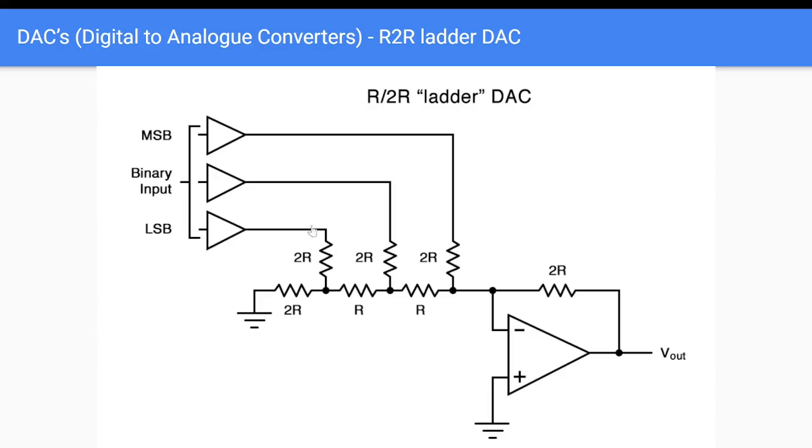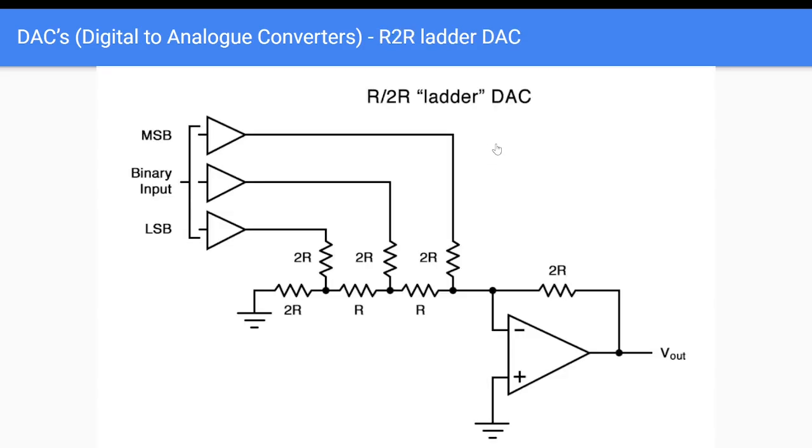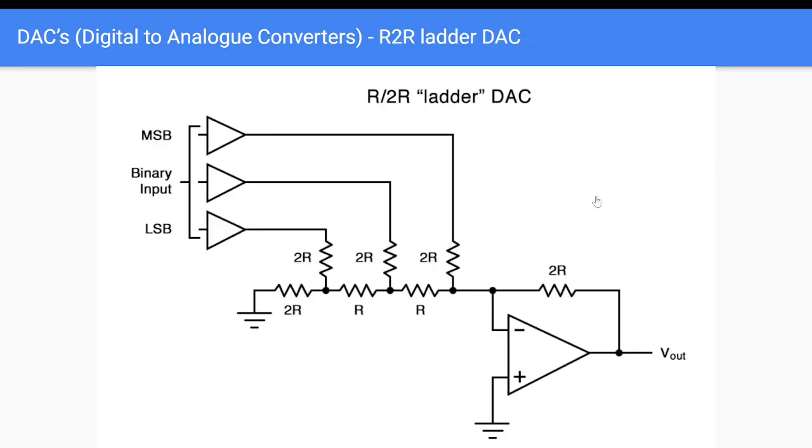Whatever bits get enabled, you get the respective voltage at that point, and because of the voltage applied, we get the respective analog change at the output. But we see here that the feedback resistor is very important. Same here as the feedback resistor in the weighted resistor DAC, in order to achieve the desired objective for a weighted resistor DAC or an R to R ladder DAC.